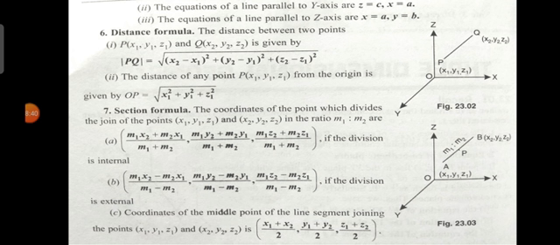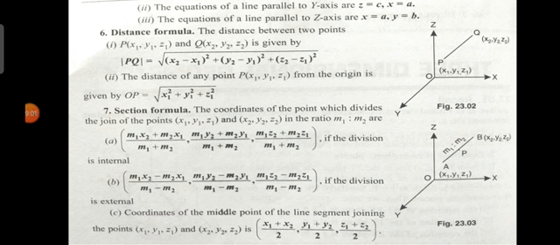And next is the section formula, which you have studied. The coordinates of the point which divides the join of the points in the ratio m1 is to m2.